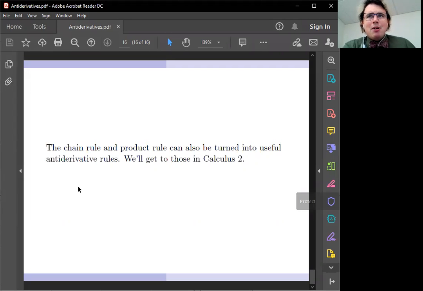Using the chain rule backwards and using the product rule backwards is more Calculus 2 stuff. So for my next lecture, I'll be talking about why we would want to use antiderivatives and how we would use these tools to help us solve problems. And maybe I'll be lucky enough to have you again in Calc 2, and we can talk about more advanced anti-differentiation techniques.